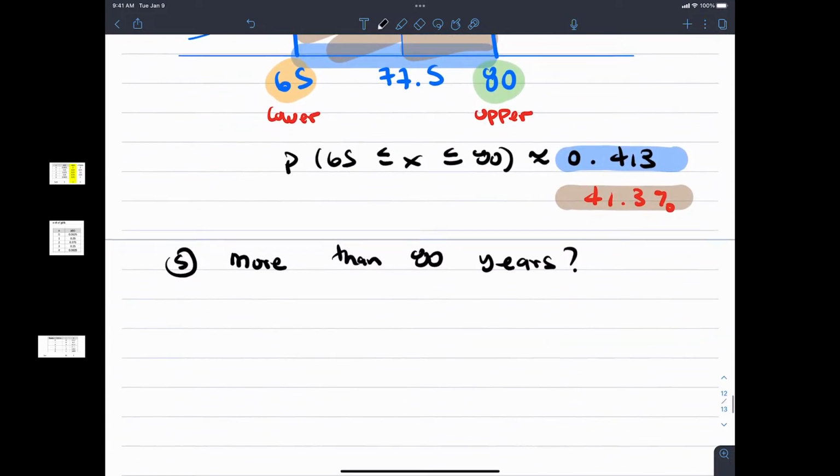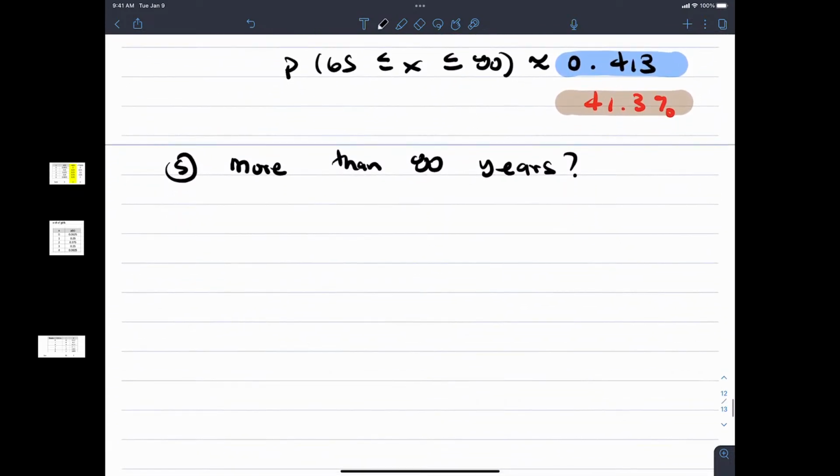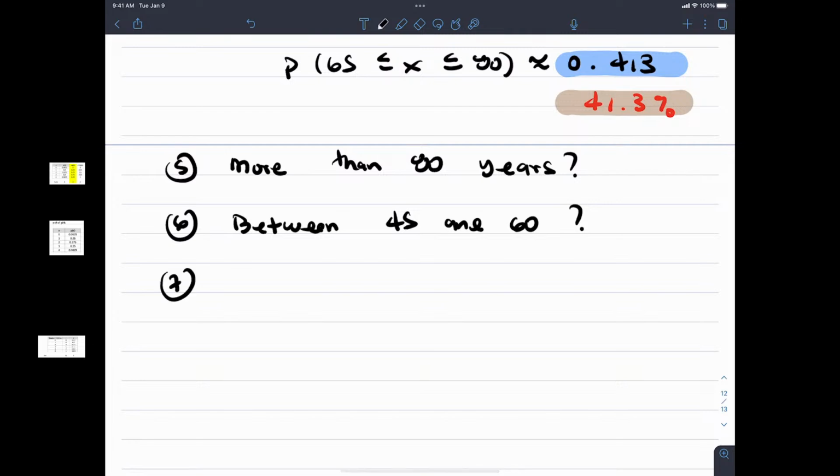We got that. More than 80. Number 6, between 45 and 60. And 7, between 80 and 90.